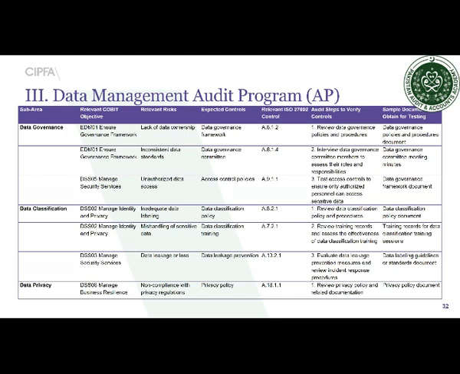Data leakage or loss. What are they doing with regard to data leakage? Is there any prevention in place? Evaluate data leakage prevention measures and review incident response procedures.